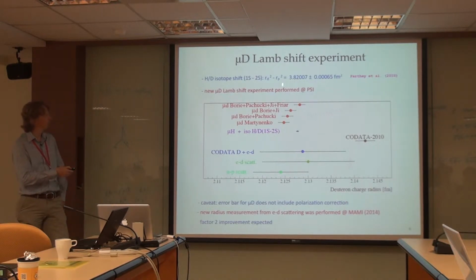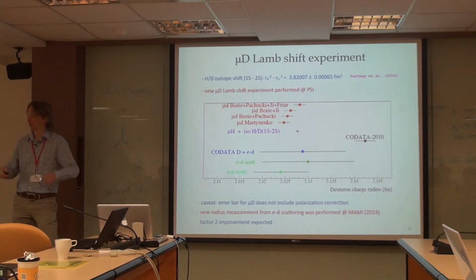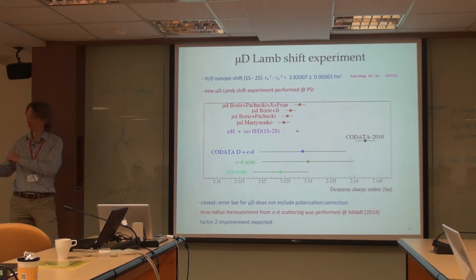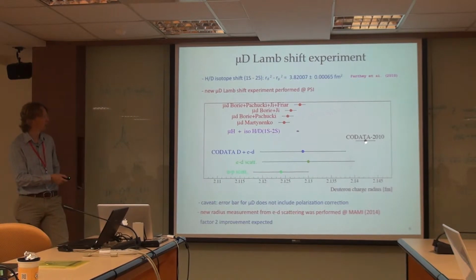Now to get the deuteron radius from this isotope shift, you need to stick in the proton radius. You can do this in two different ways. Either you plug in the electron scattering value, and then you get this number, or the CODATA value, which is a combination of electron scattering with electronic hydrogen, so you get this number.